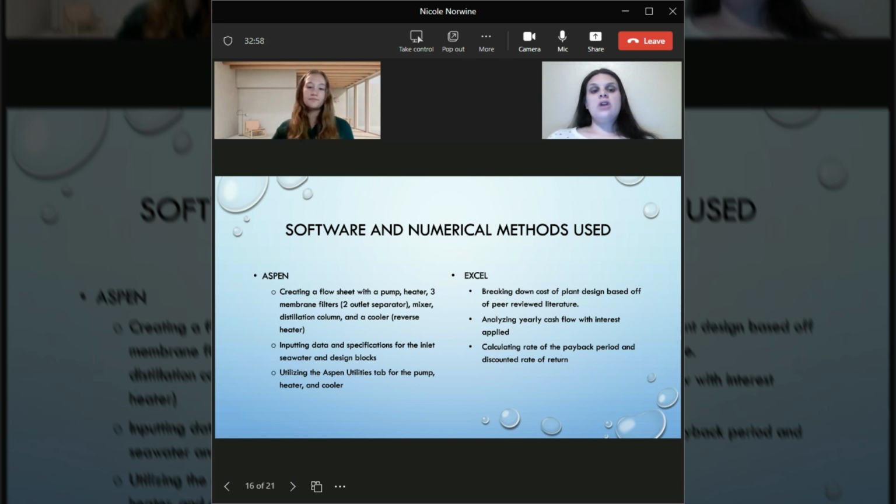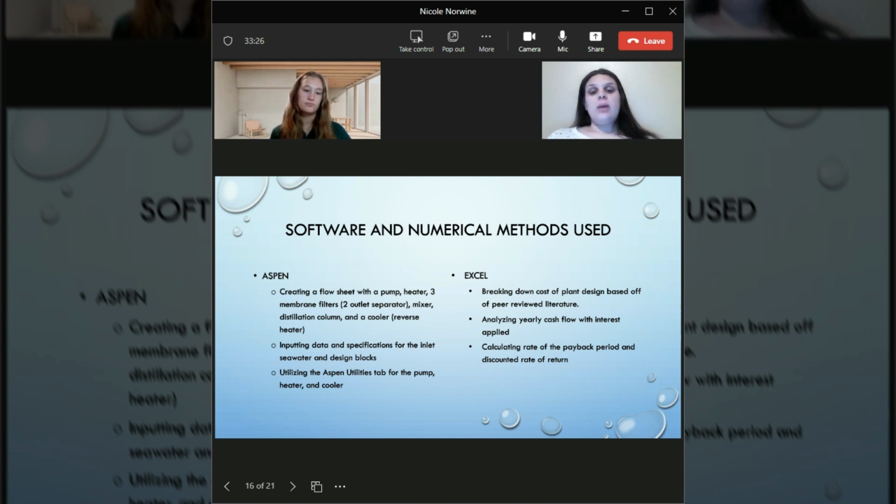So for the software and numerical methods used, the software we used was Aspen and Excel. For the numerical methods used in Aspen, we created a flow sheet, which, as mentioned earlier, included a pump, a heater, three membrane filters, which were two outlet separators. We used a mixer, a distillation column, and a cooler, which was really a heater run in reverse.